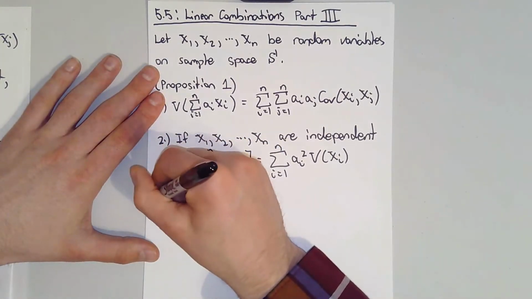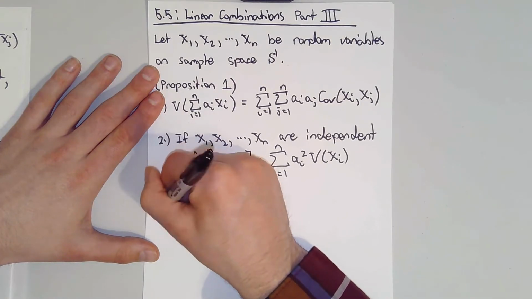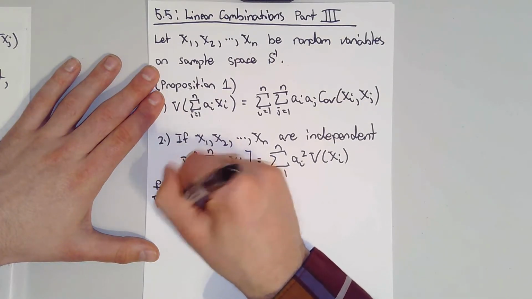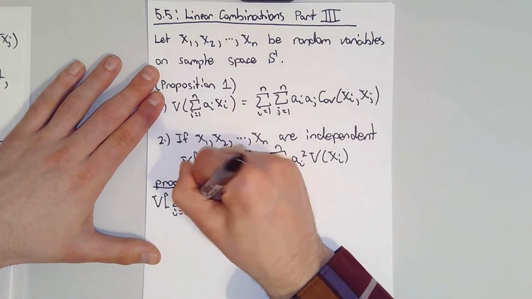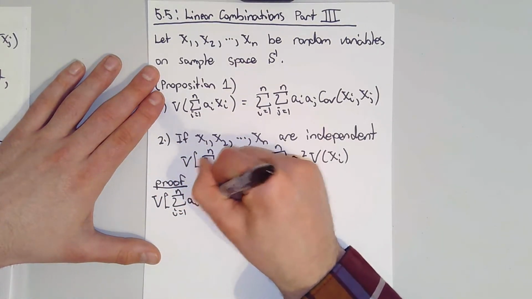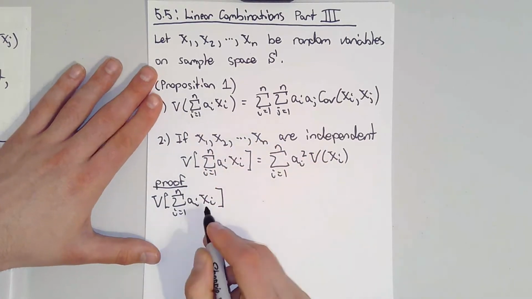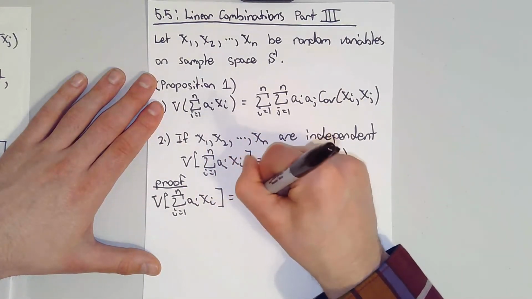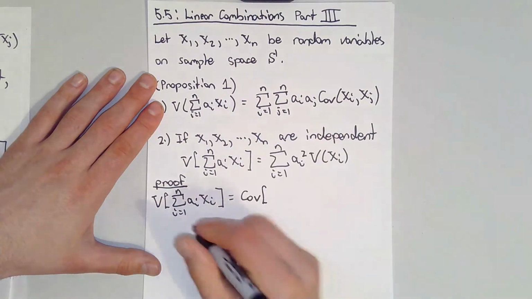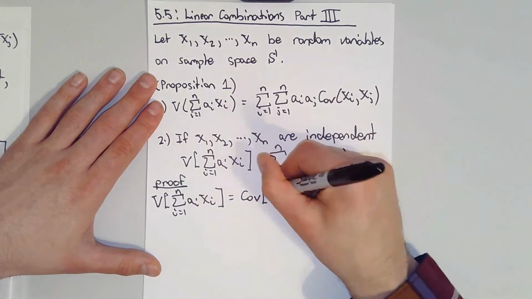By definition, the variance of a random variable is the covariance of that random variable with itself, in each component.